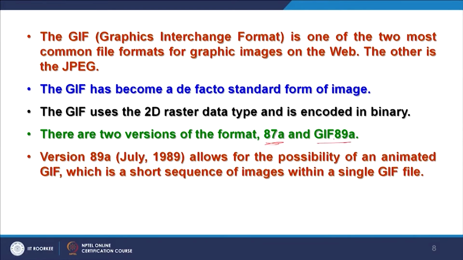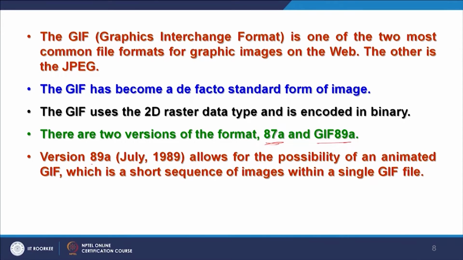The maximum development currently is taking place with JPEG, not with any other file format. Version 89A, which was developed in July 1989, allows animated GIF, which is a short sequence of images within a single GIF file. I will show you an example also.